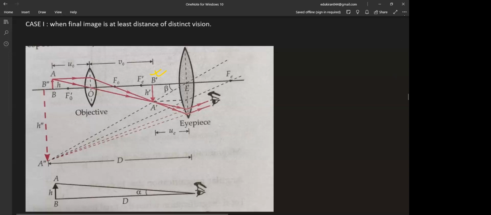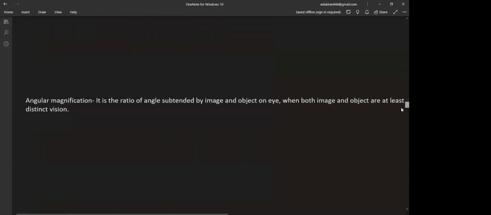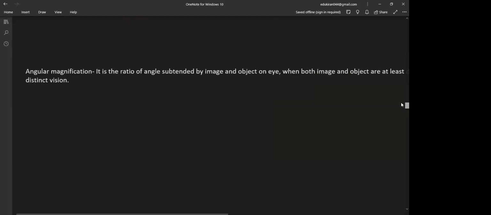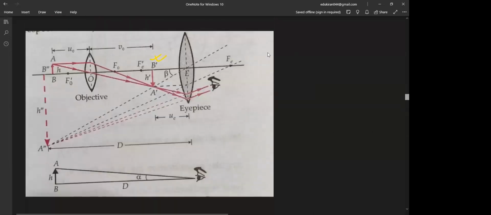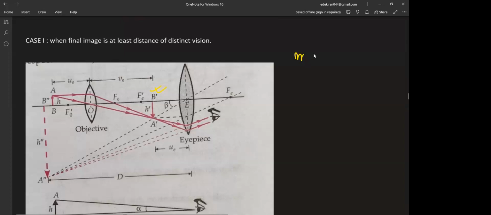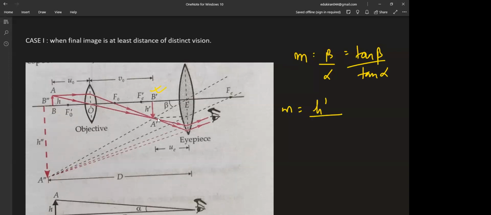Now see, when you will see magnification also, the same thing will go for angular magnification, ratio of angles subtended by eye and all. Same thing. Now see, magnification will again be beta by alpha, same thing, tan beta by tan alpha. This is fixed, same thing. When you're talking about beta, tan beta, if this is h dash, height of this, we can write magnification, tan beta I'm writing, h dash by this, this is object distance of the eyepiece.